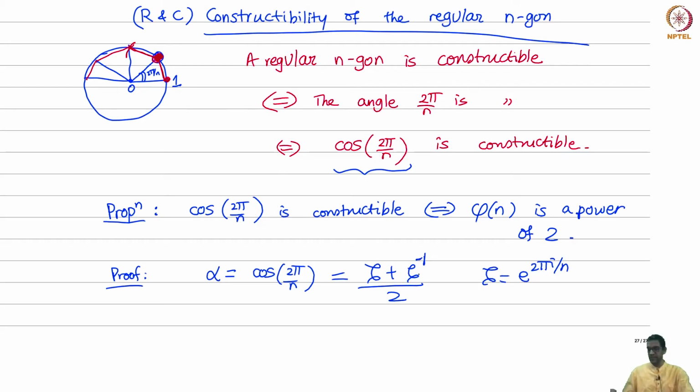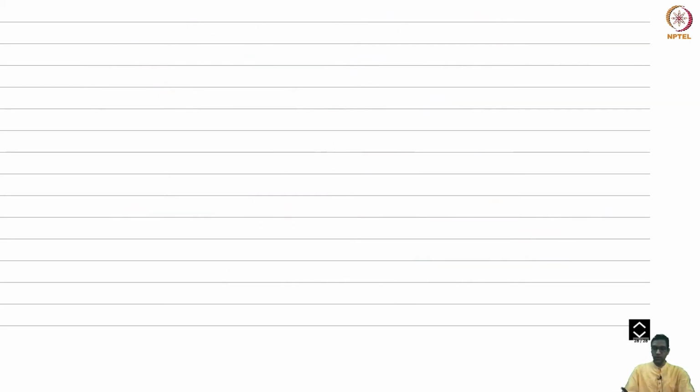So alpha is just (zeta plus zeta inverse) by 2. So if we simplify, zeta plus 1 by zeta is 2 alpha. In other words, zeta squared minus 2 alpha zeta plus 1 is 0.